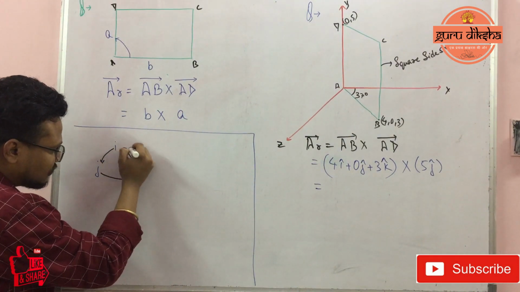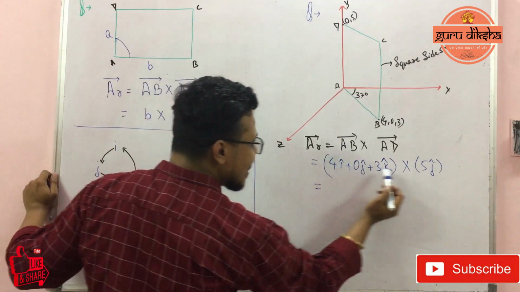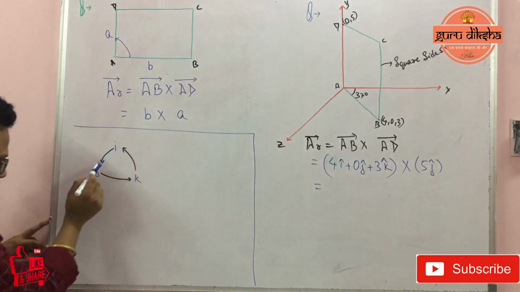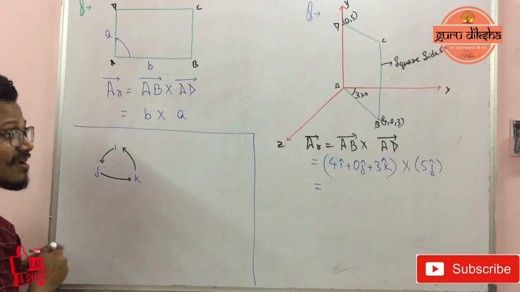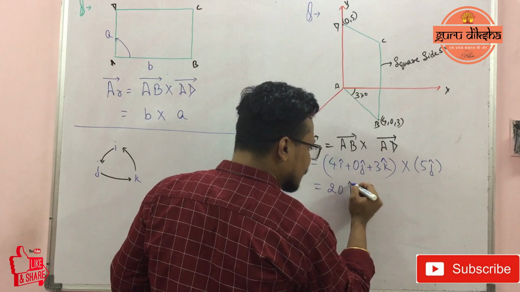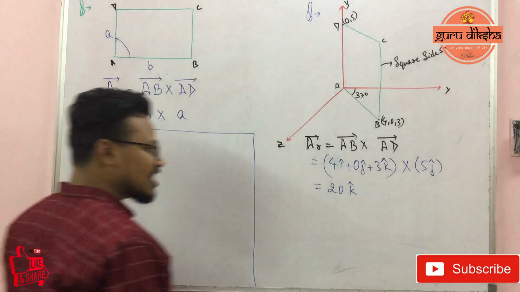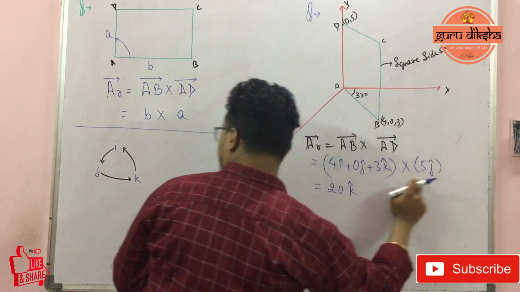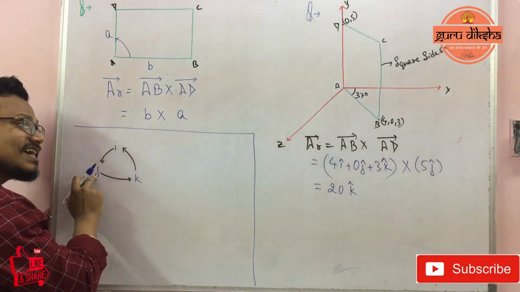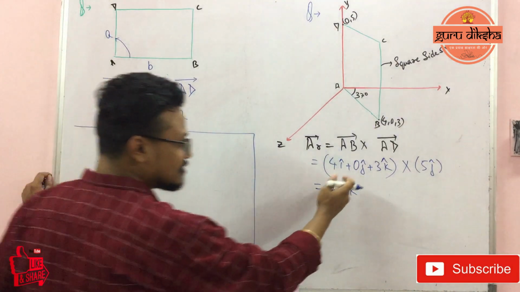If you are moving along the arrow, i cross j is k. So 5 fours are 20 k cap. Okay. J cross j will be finished, so this is 0.